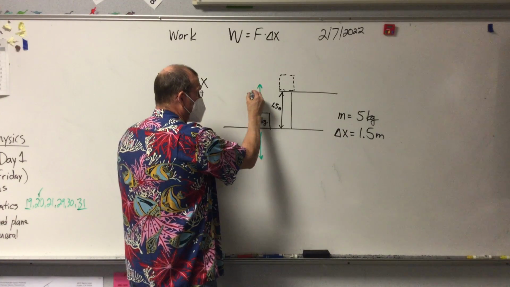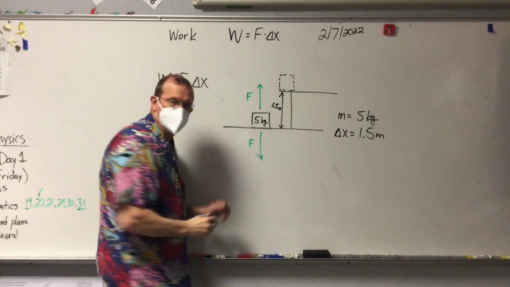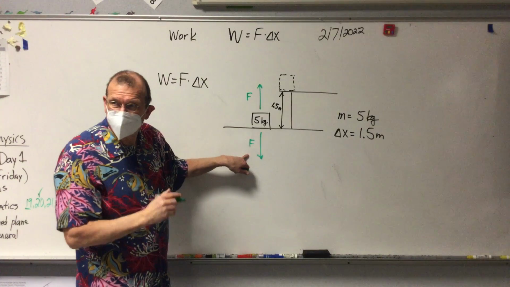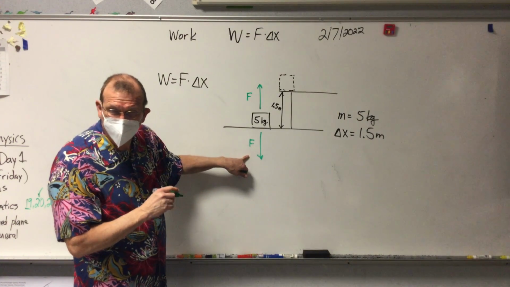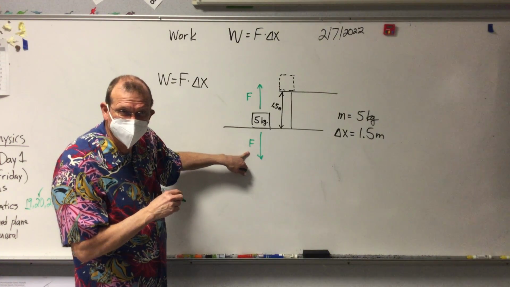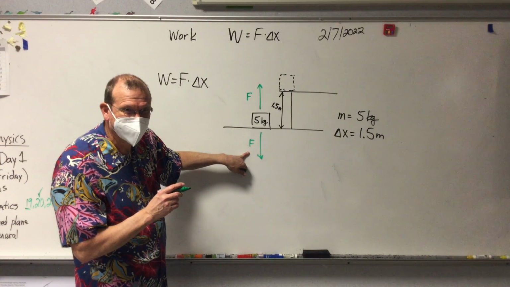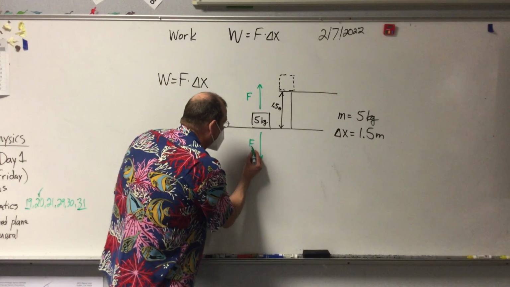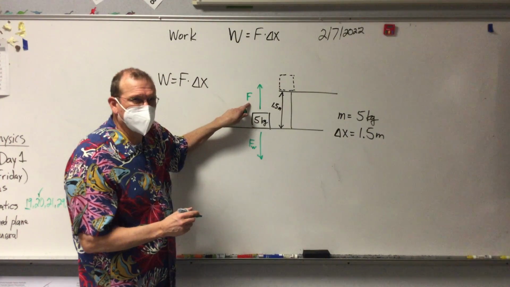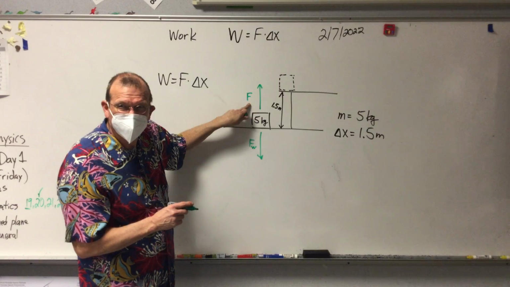They were both F's, but this one was the weight. Anybody remember which subscript letter goes with this? Think logically. W, okay. Anybody remember what the subscript was that went with this one?